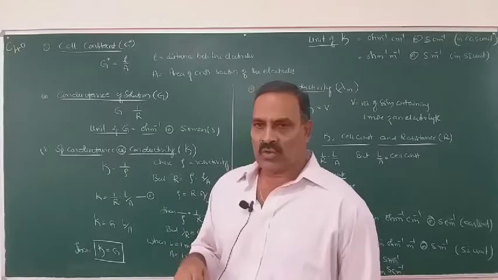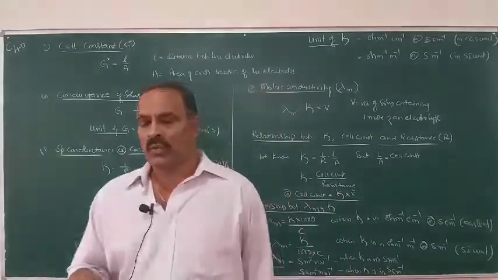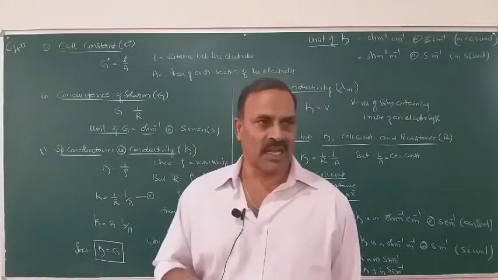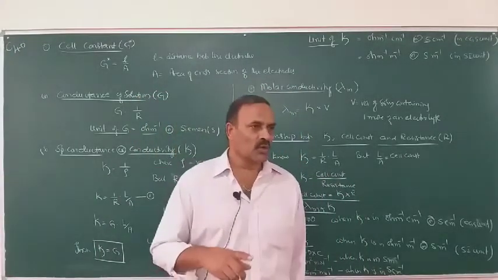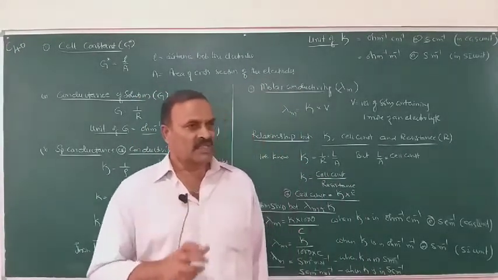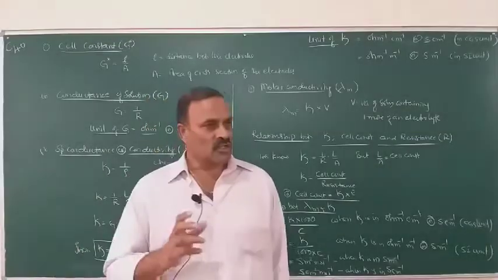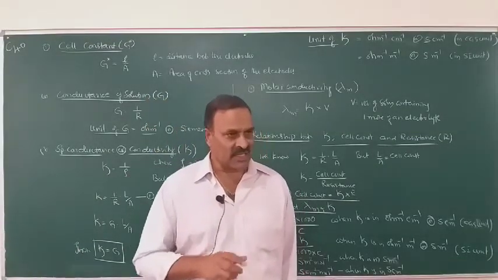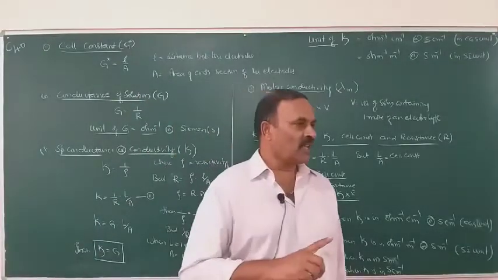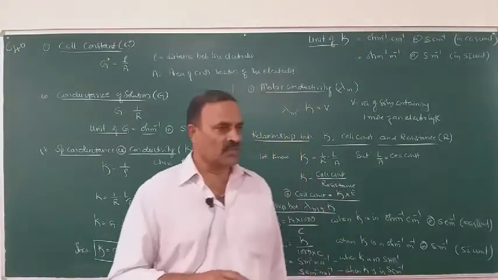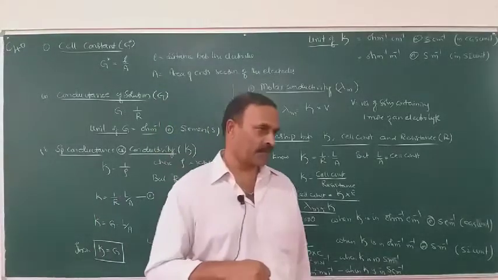When L is equal to 1 meter and A is equal to 1 meter square, then rho is equal to R. That means specific resistance, also called resistivity, is the resistance of a substance of length 1 meter and area of cross section 1 meter square.